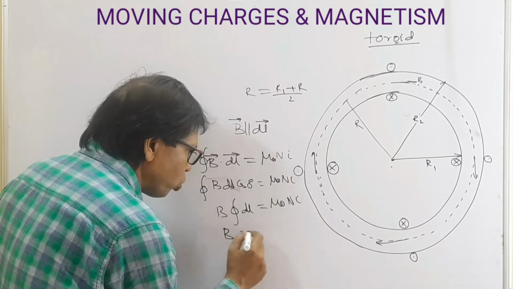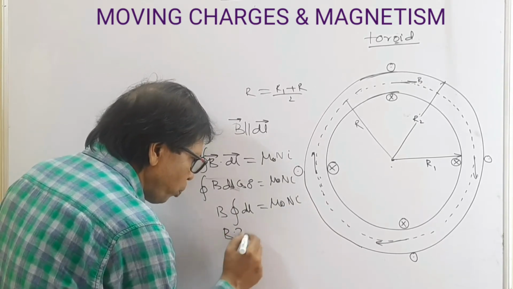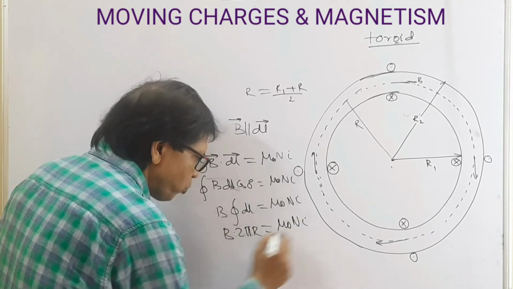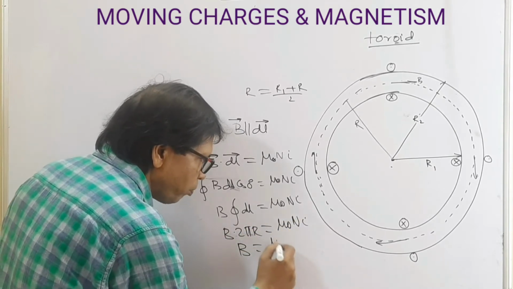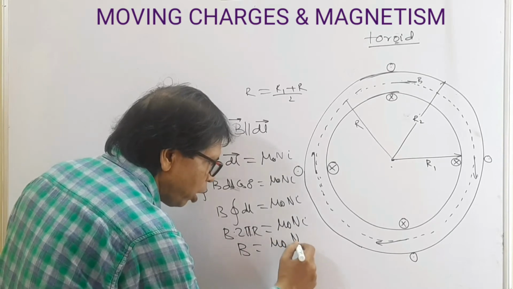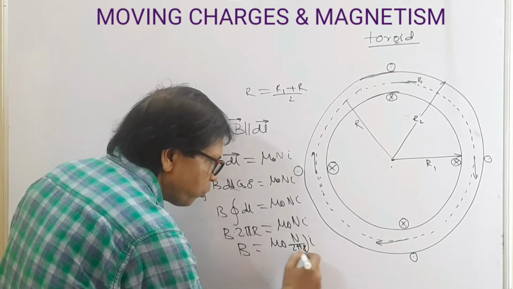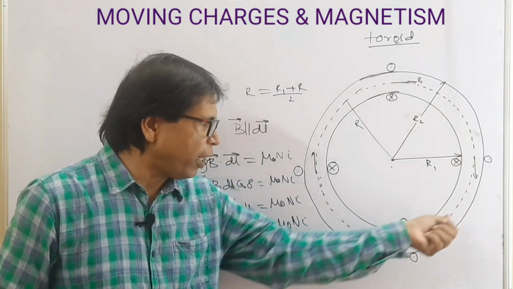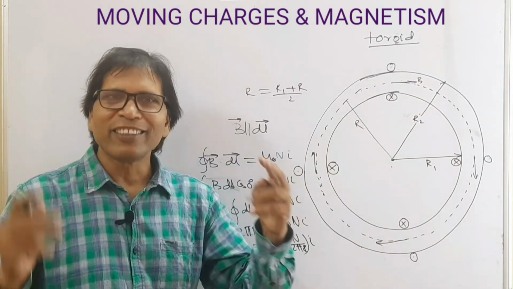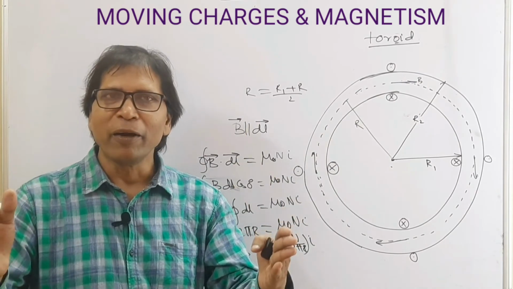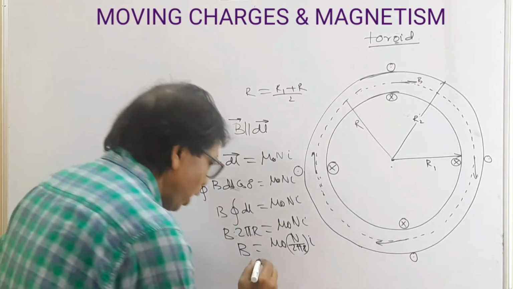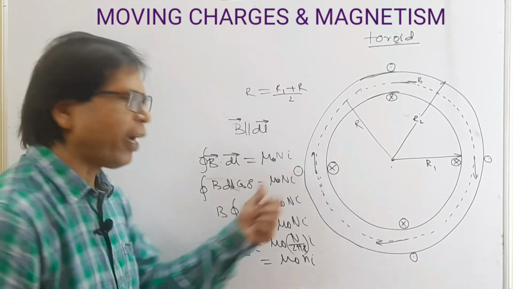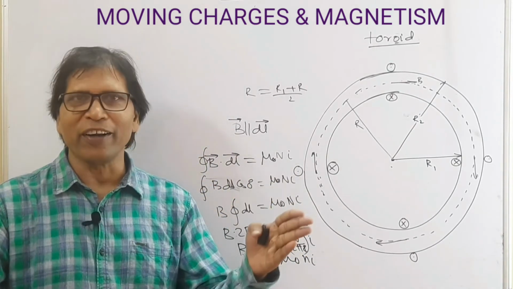Now B into 2 pi r equals mu naught Ni. Therefore B equal to mu naught N i divided by 2 pi capital R. Now look at this, total number of turns divided by length of the axis is the number of turns per unit length. Therefore B equals mu naught ni is the magnetic field due to a toroid.